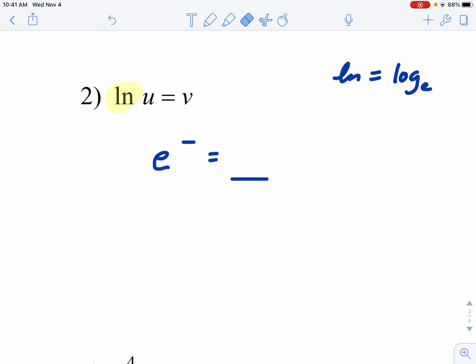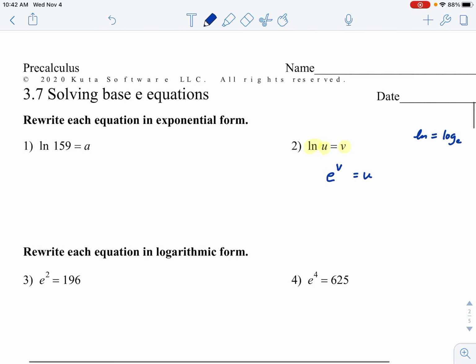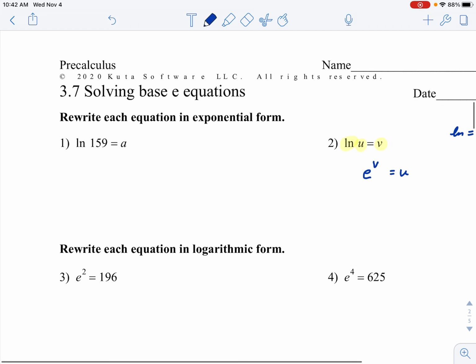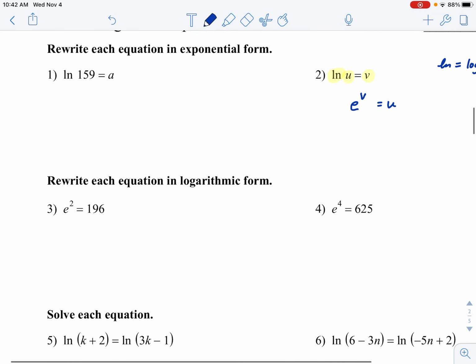There's the base. The power in the exponential form is the other side of the equal sign, so v goes up there. And the answer to an exponential is the argument of the logarithm, so the u goes right there. So you're going to do number 1 just like that. Mine was all variables. This one has a number in it. Makes no difference. 3 and 4, same thing, just in reverse.